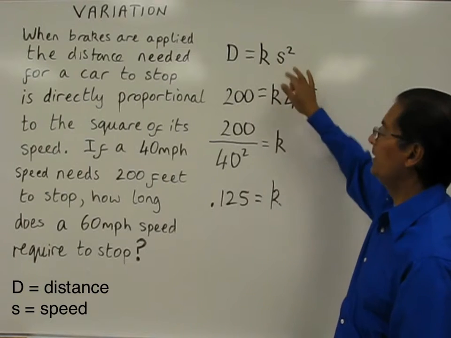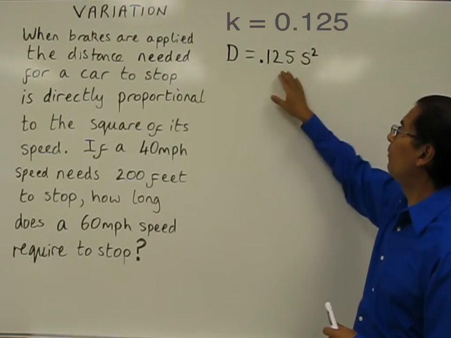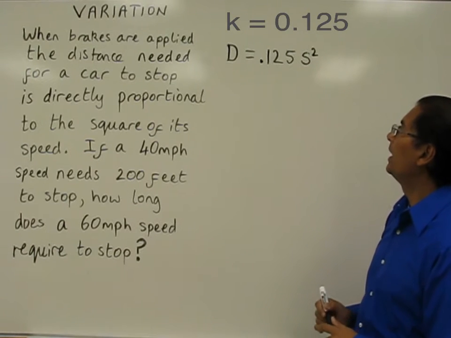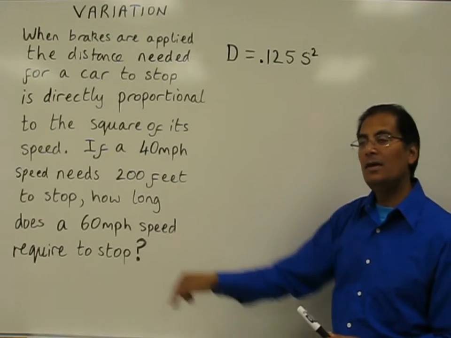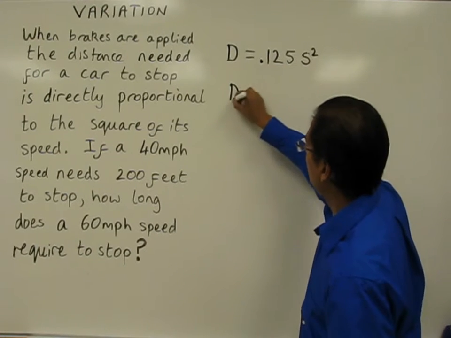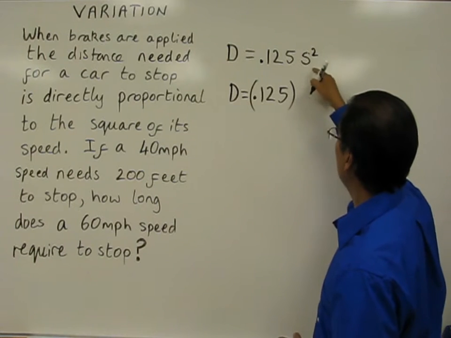So now we can plug this 0.125 back into our equation to have the equation for the relationship between distance and speed. The distance is equal to 0.125 s squared. Now the question is, what if s is 60? If s is 60, what's our distance going to be? Well, d will equal 0.125 times 60 squared.